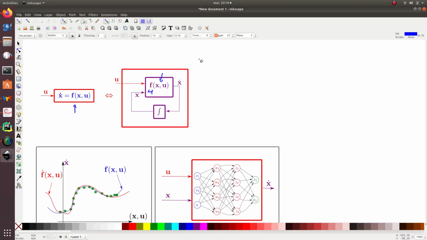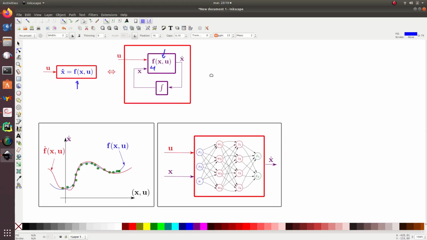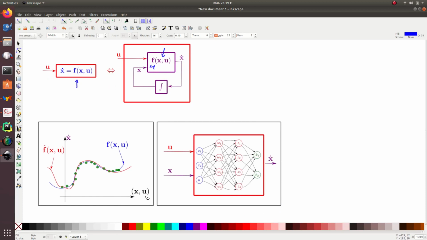This function f goes from Rn to Rp, and I represent it like this. So to x and u here, I have to associate x dot. I will assume that I have many points for different t where I have x, u, and x dot. So it's a very big file, and each line corresponds to a given t.